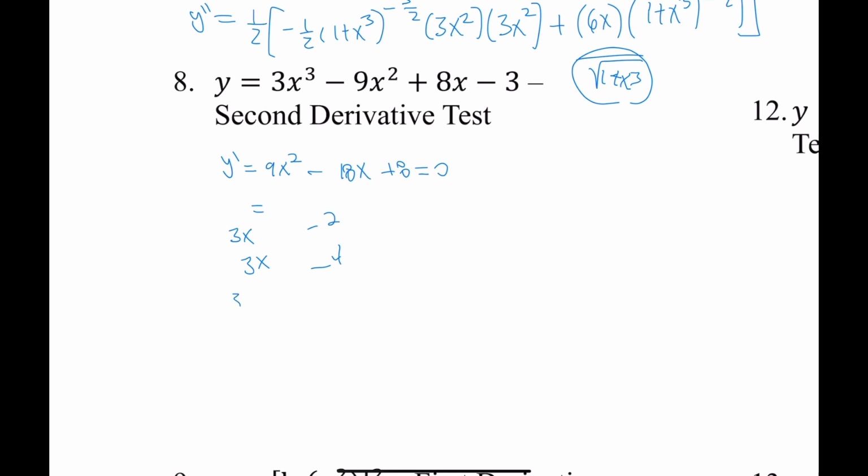So (3x minus 2) times (3x minus 4) equals 0.